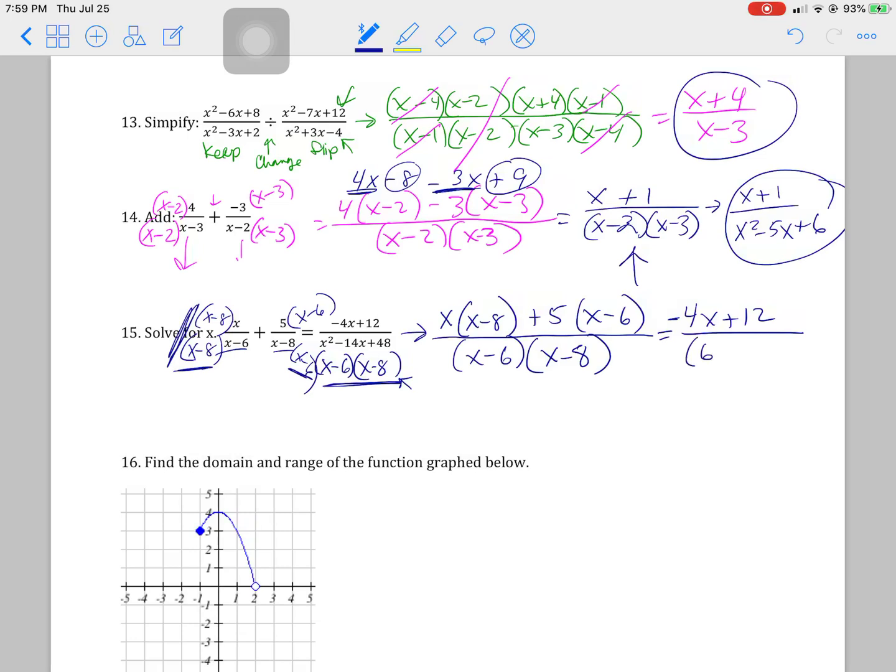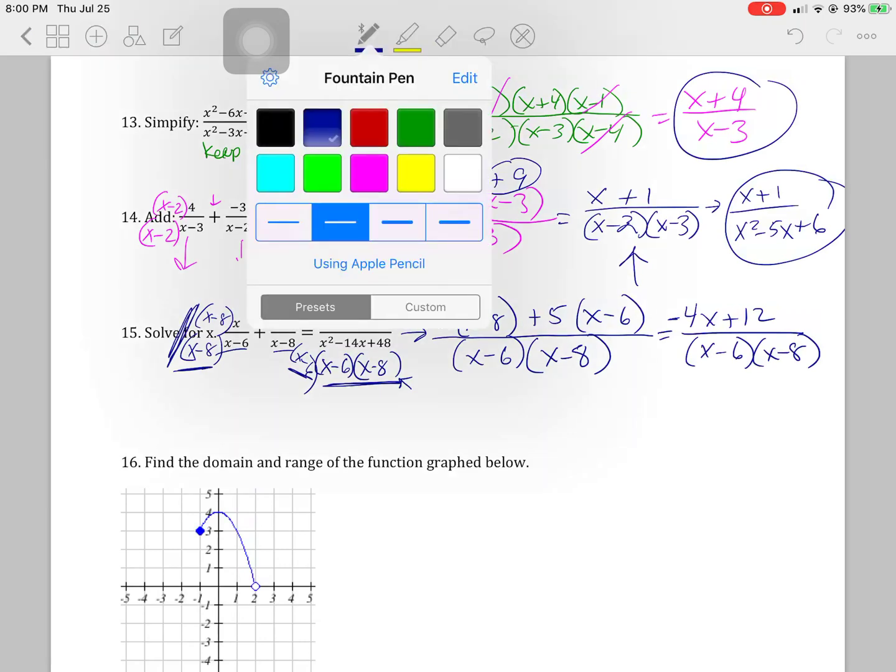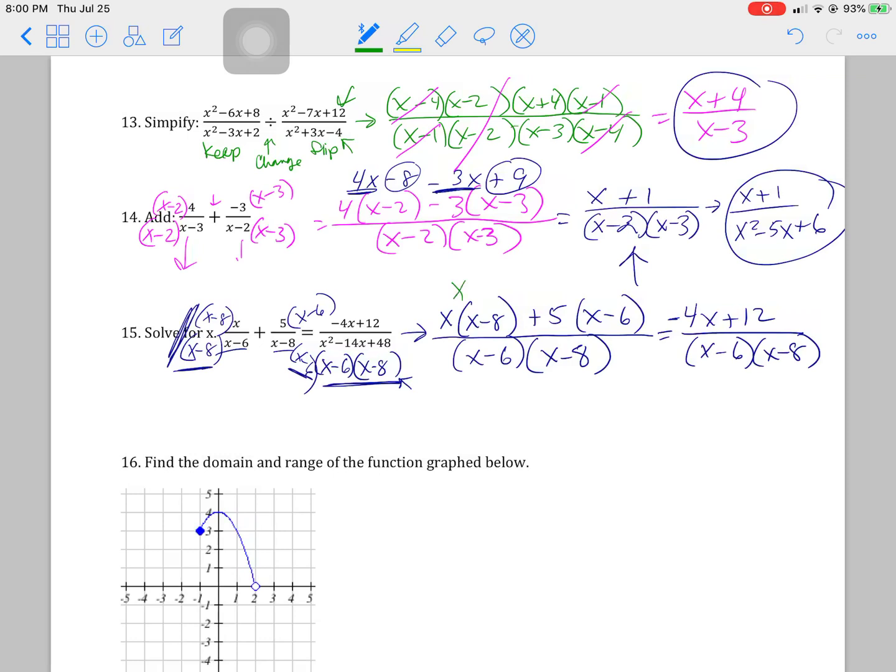I'm just going to do this just in case I need to, because this is that. All right, now for the odd maneuver here. Let's see. Well, let me finish distributing. This is going to be x squared minus 8x plus 5x minus 30.